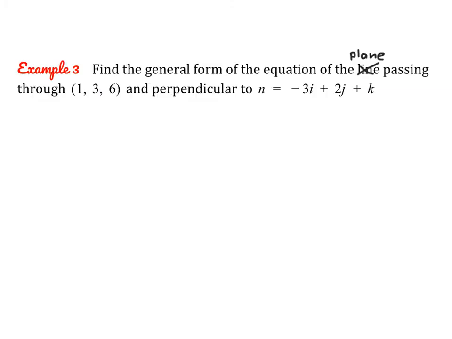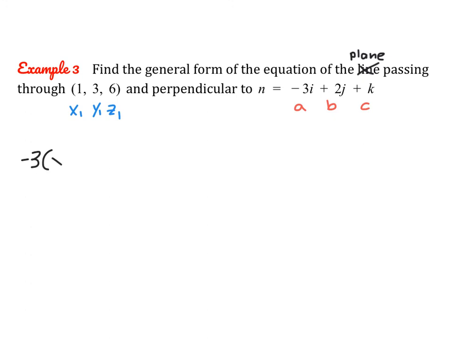All right, so let's see if we can give this one a try. Let's find the general form of the equation of the plane passing through this point. So this is going to be x1, y1, z1, and perpendicular to vector n. So this is going to be our a, b, and c values. So it's as easy as that. Now we just have to plug it into our formula.